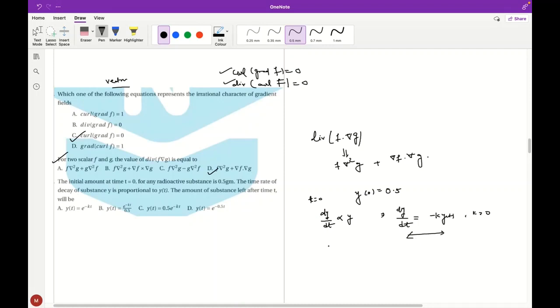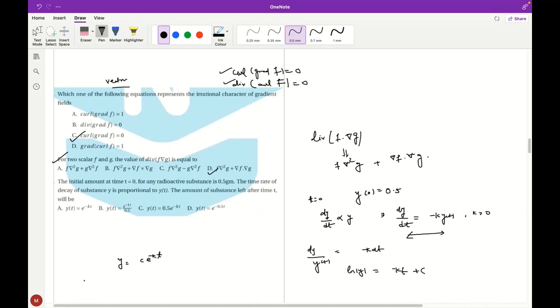So dy over y equal to minus k dt, and on solving this we will get ln y equal to minus kt plus c. Finally y equal to c e to the power minus kt.